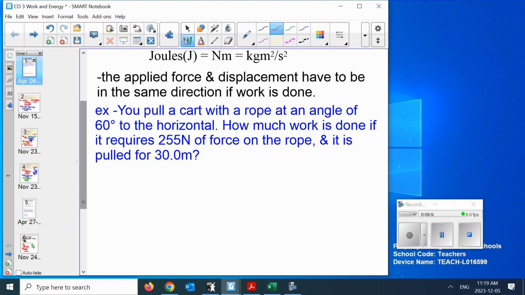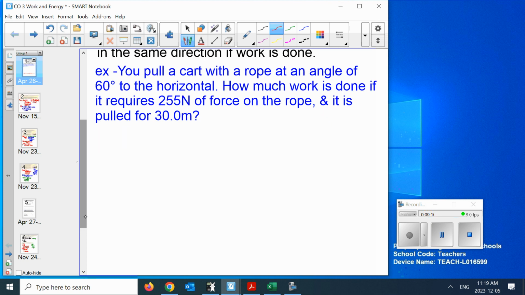You'll draw it too. There's my ground. I didn't give the mass. We don't need it. I didn't really draw that looking like 60 degrees, but whatever. So I've got a string maybe.